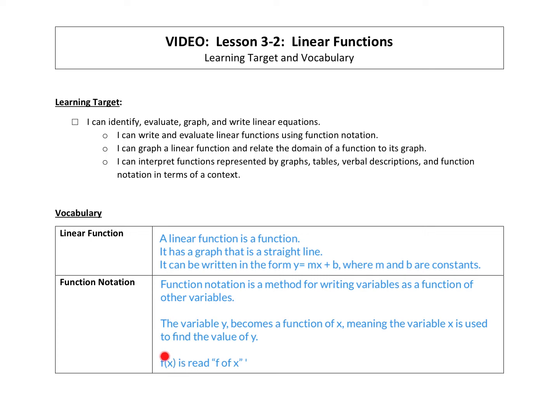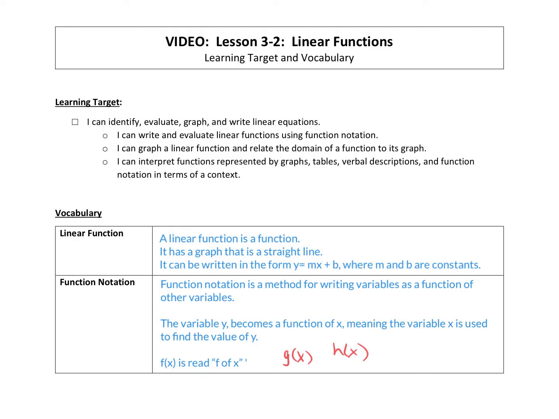This is our notation for function notation, and it's read f of x. So when we see f parentheses with an x, we'll say, oh, f of x. It could be a different variable. You could have g of x or h of x. So the particular variable, the f, the g, the h is not super important, but that's what function notation looks like.